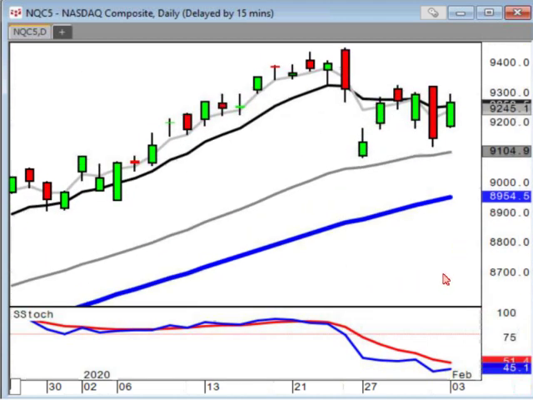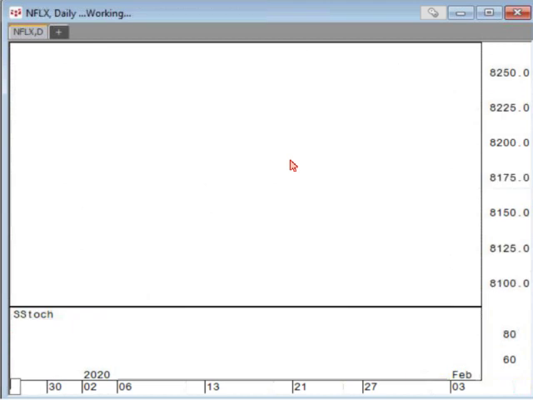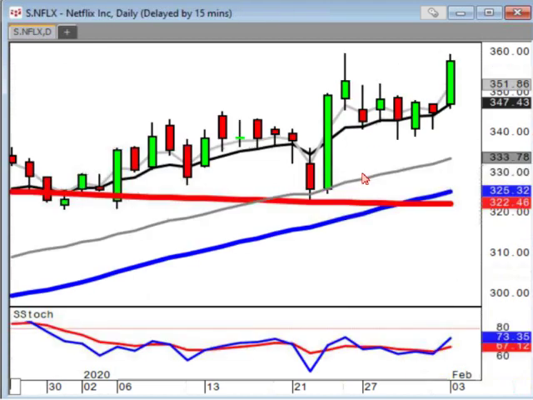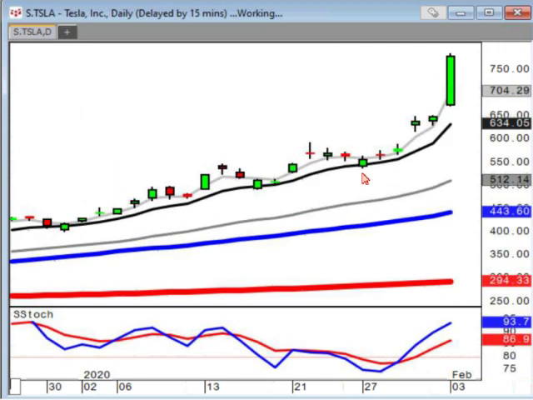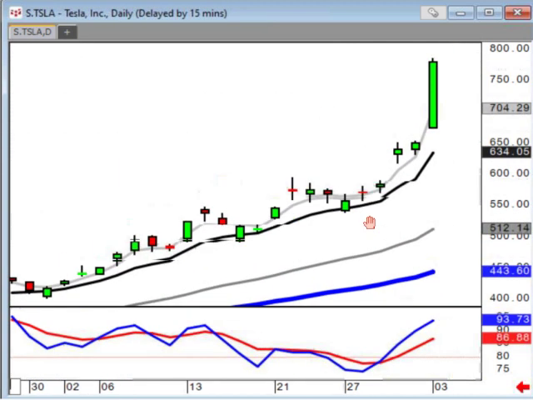Unlike the S&P 500 and the Dow, this actually closed back up above the T-line. Obviously, that's being helped out by some of the biggies, like Netflix, or that one's just stronger than bear's breath, Tesla.